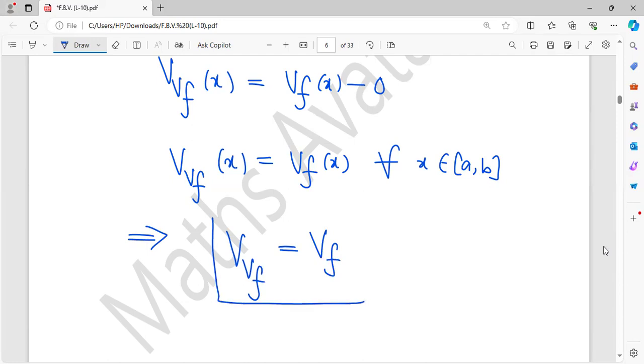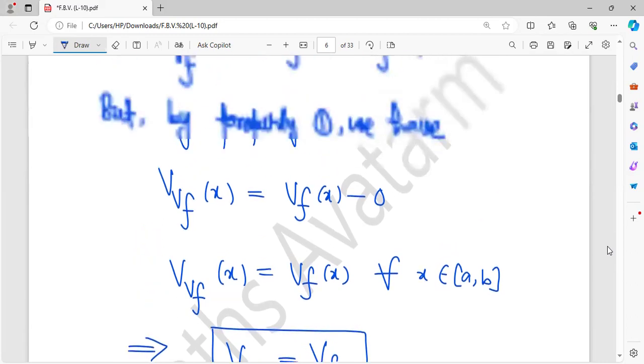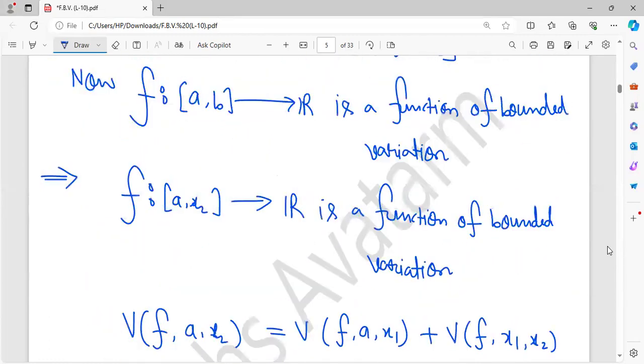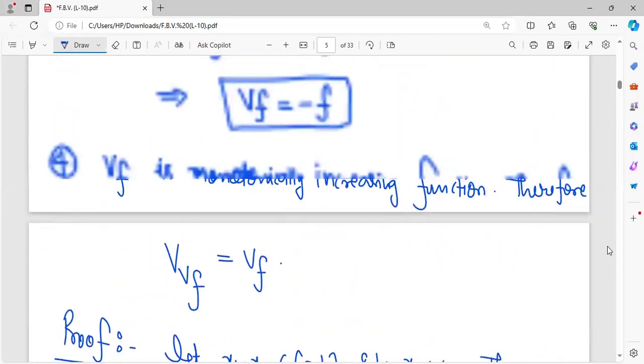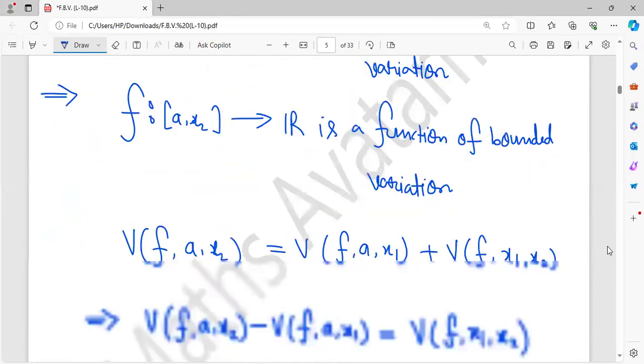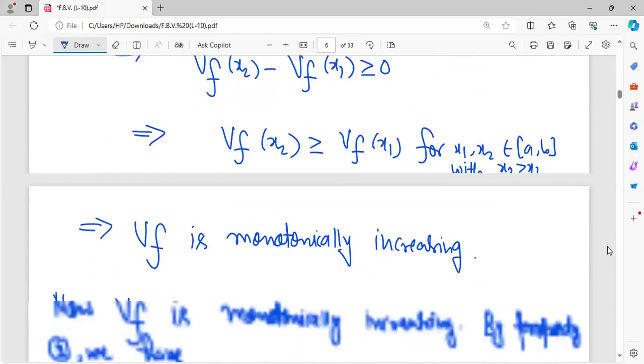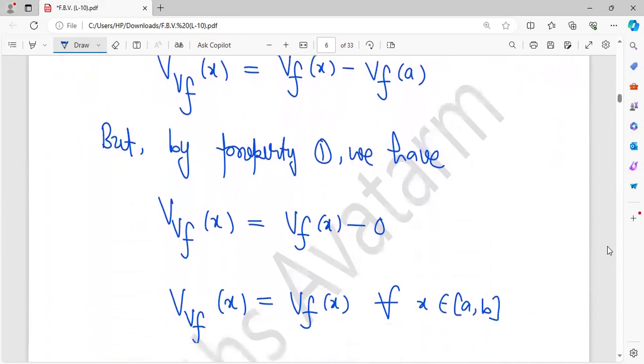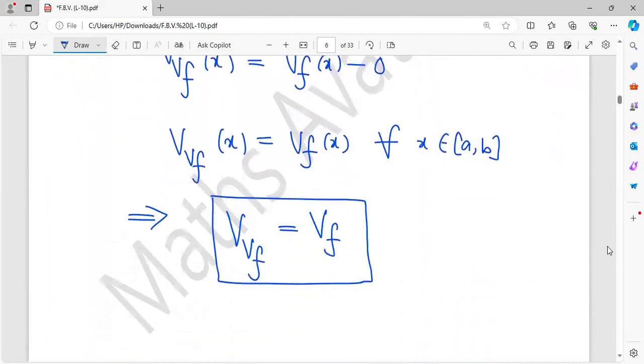So this is proved. Okay. So we have proved property 4.